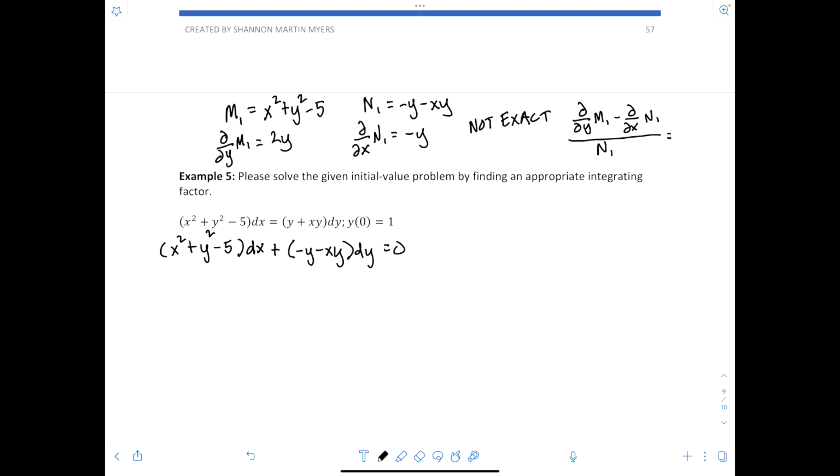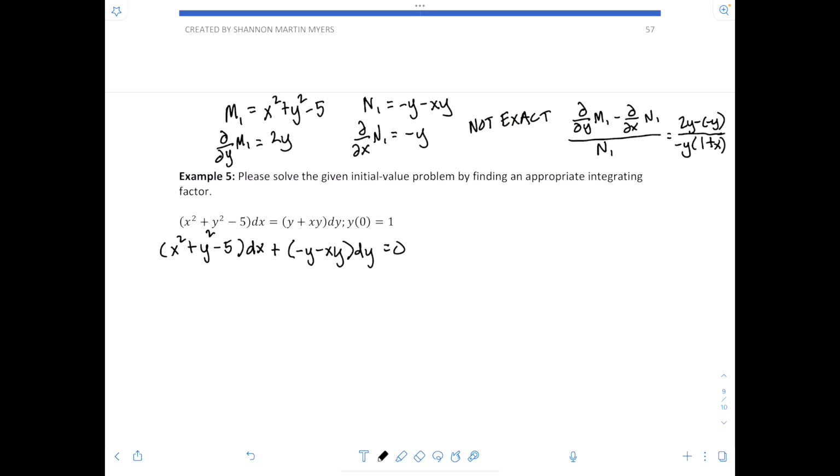All right, so when we do this computation, we're going to get what? Beautiful. We'll have 2y minus negative y, over n, which was negative y; I'm going to factor out the negative y, and we'll have 1 plus x.